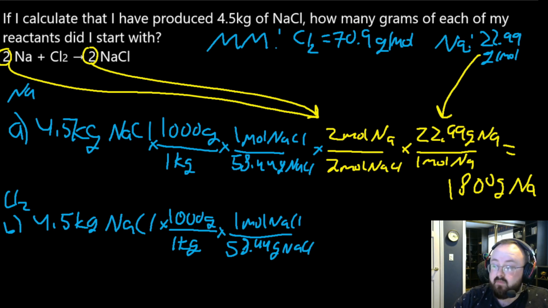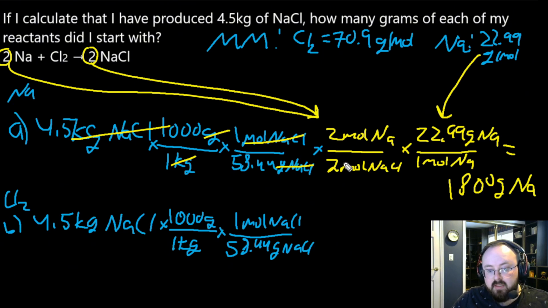We start out with 2 sig figs, so I'm rounding up there. And I tried to show us where I'm coming from here. My next step was to go from, let's start canceling out units, kilograms, grams of NaCl. I have to go from moles of NaCl to moles of Na, which uses my coefficients. In this case, they're both 2.